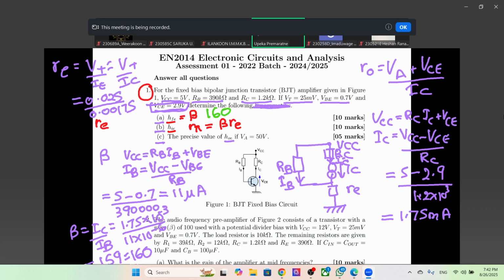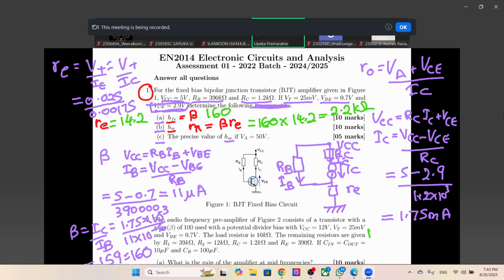The answer for RE is 14.2 ohms. To find R pi, we multiply the two and get approximately 2.2 kilo ohms.